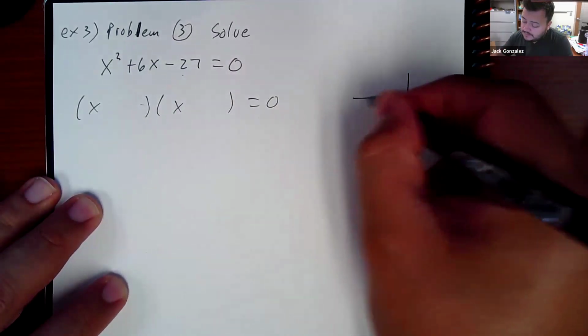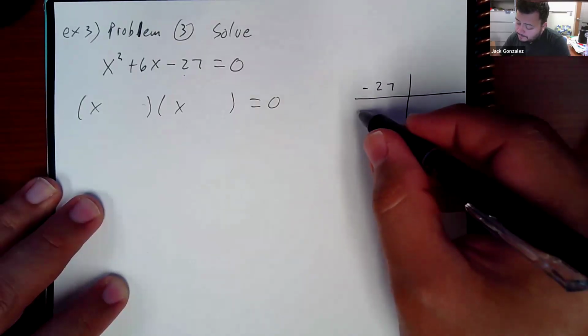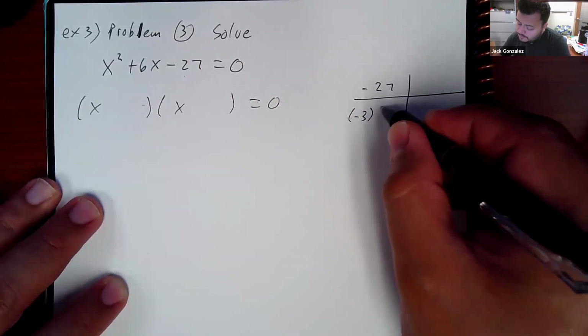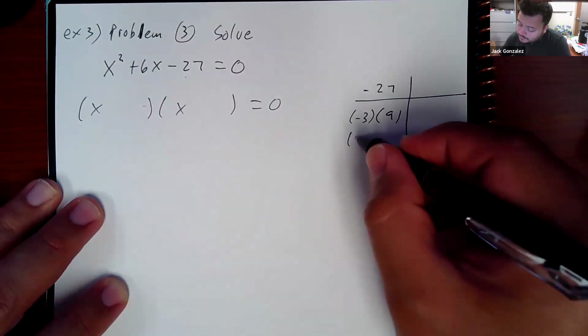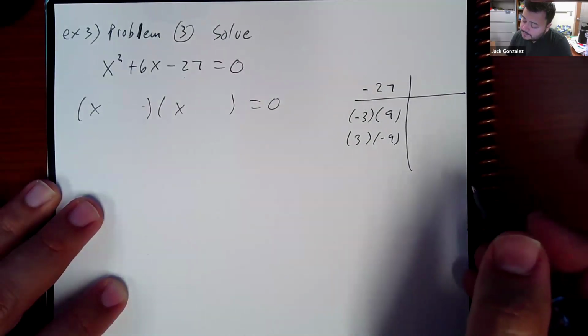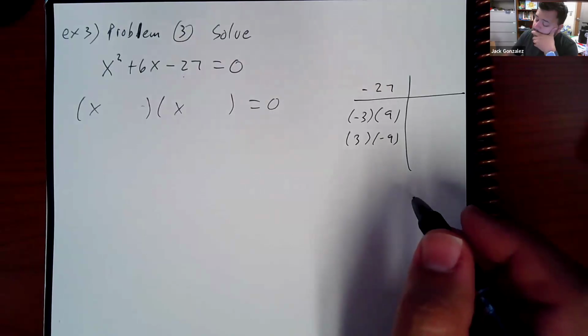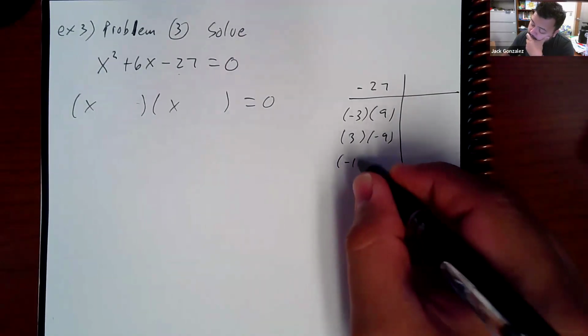So very similar to AC, but not quite. So we got -3 times 9, right? 3 times -9. What else? I think that's it. Yeah, just the one, I guess.